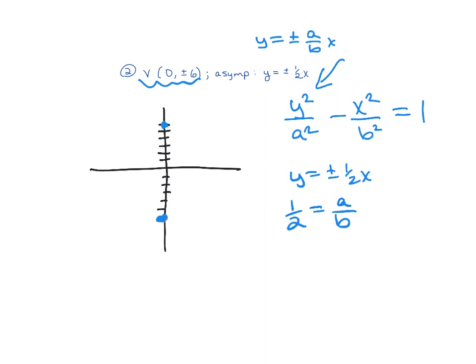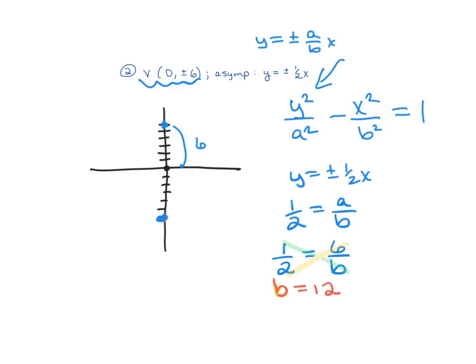Now, I already know that my a value is the distance from the center to the vertex. So my a value is 6. So what I need to do is take this proportion, replacing a with 6. I don't know the b yet. So now I have a proportion I can solve. I'm going to multiply 1 times b, 6 times 2. So I get b equals 12.